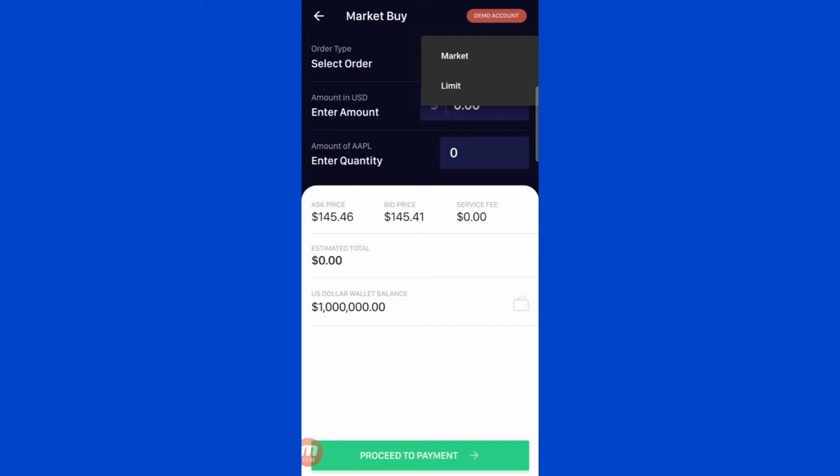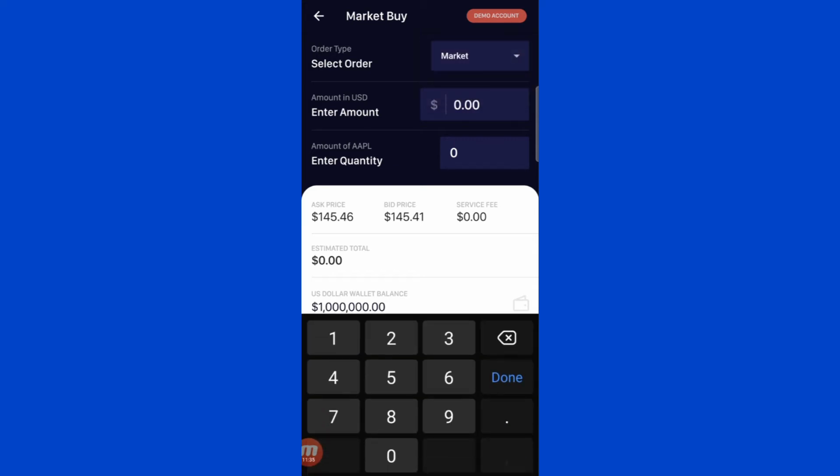So for the sake of this video, I will be showing you both market and limit order, most especially because personally I found it quite hard to navigate myself, and I think the Trove app can actually do better in explaining this page. So let's just click on market here, and of course amount in USD. Let's just say I want to buy 10 shares of the Apple stock, and the current price is at $145.46 here.